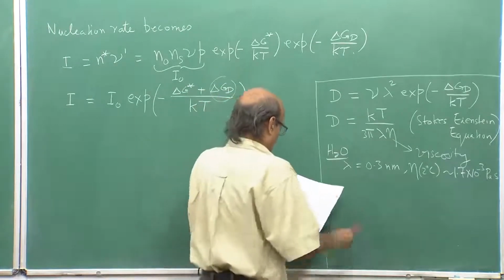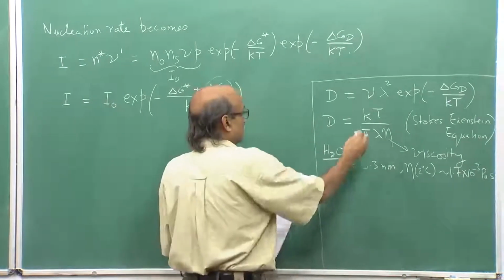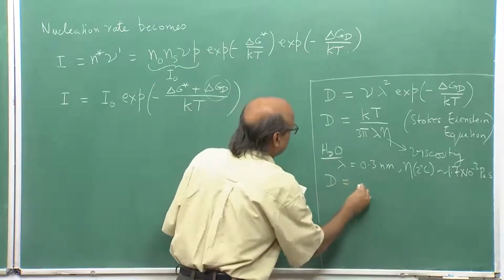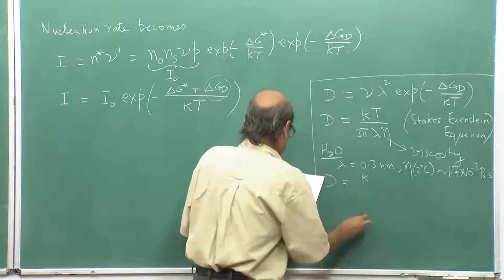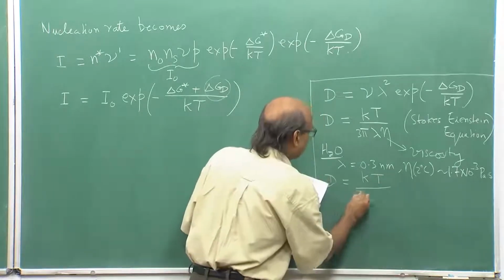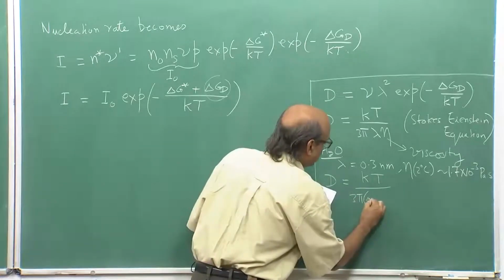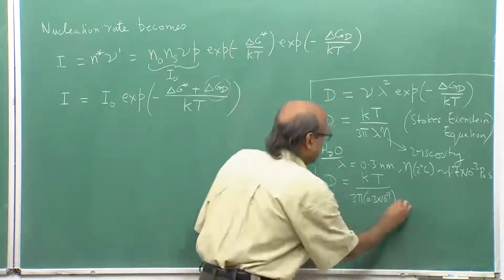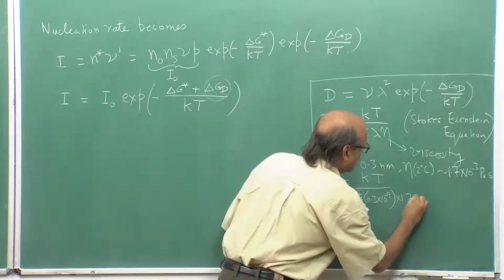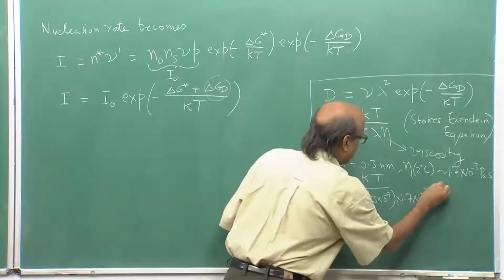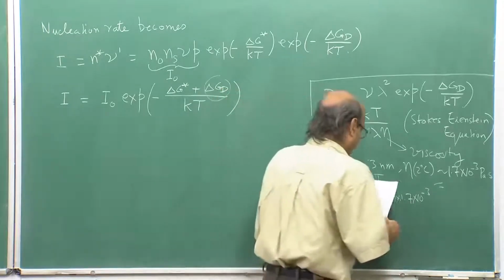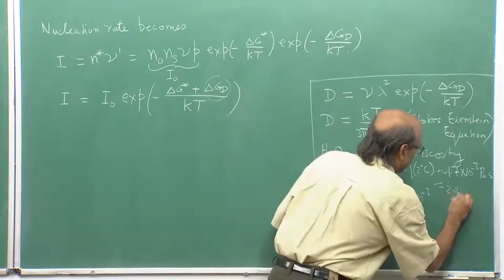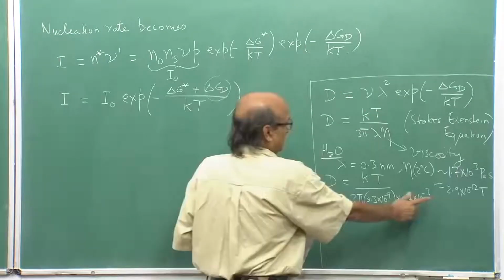If I put down these values in this equation, so D is kT divided by 3 pi into 0.3 into 10 to power minus 9, converting that to meters, into 1.7 into 10 to power minus 3. Solve this, putting the Boltzmann constant value, you get 2.9 into 10 to power minus 12 T.